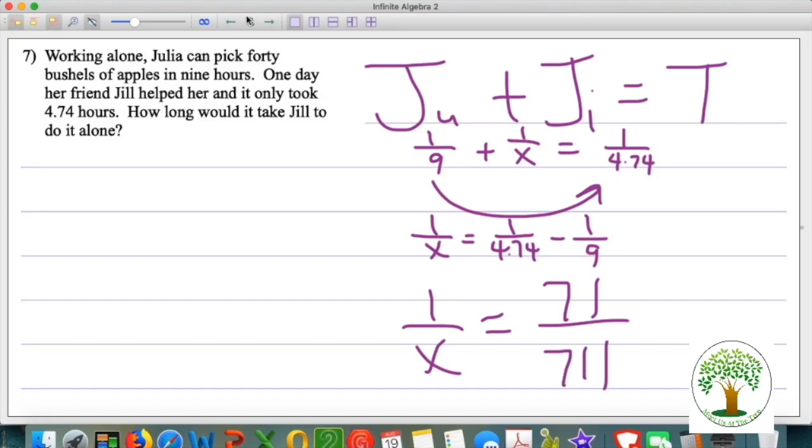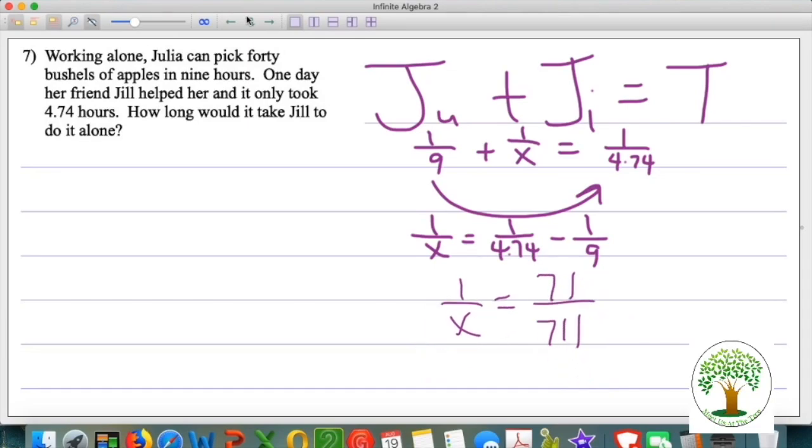Some of you, because of the way your calculator is configured, will leave that as a decimal, and others will be able to give it as a fraction. When you take the reciprocal, you will get 10.01 hours.